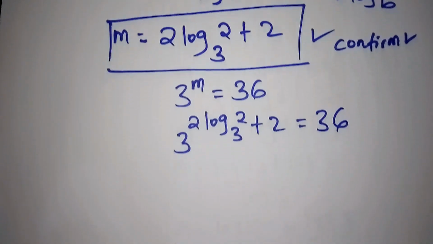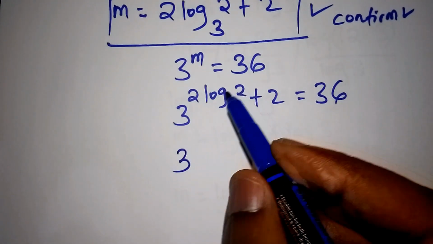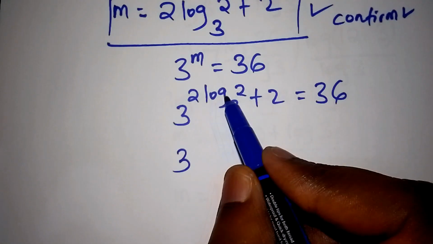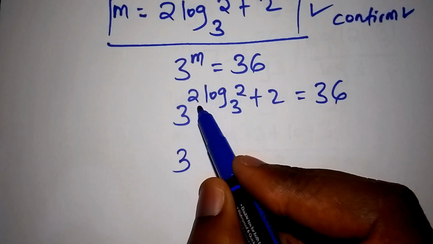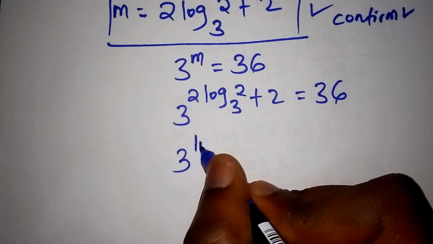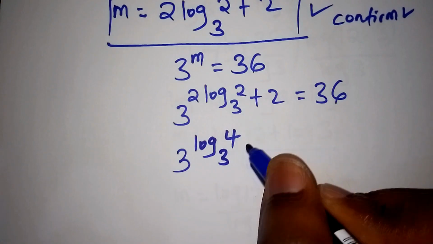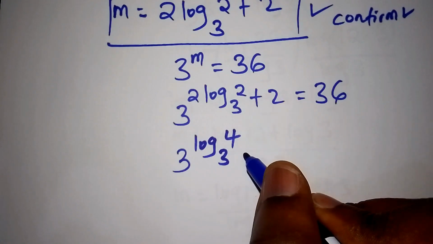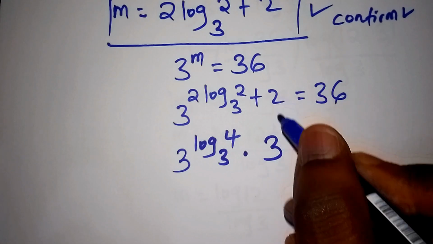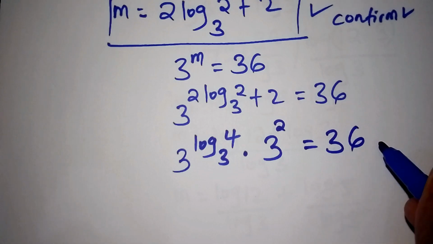This can also be written as 3 to the power of the log of 2 to the power of 2, instead of writing 2 log 2. So 3 is now to the power of the log of 4 to the base of 3. Then the plus means you multiply again, then 3 to the power of 2, this 2 here, is equals to 36.